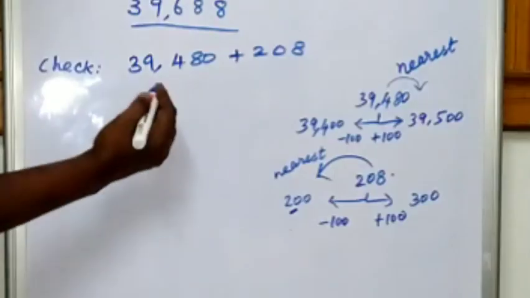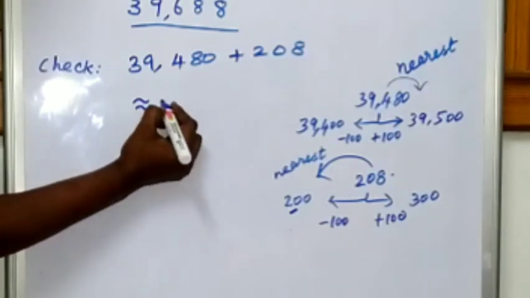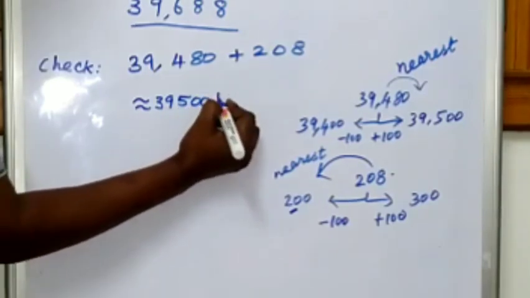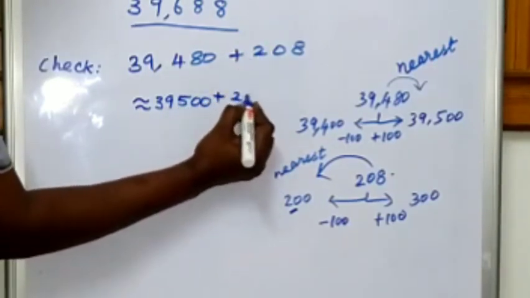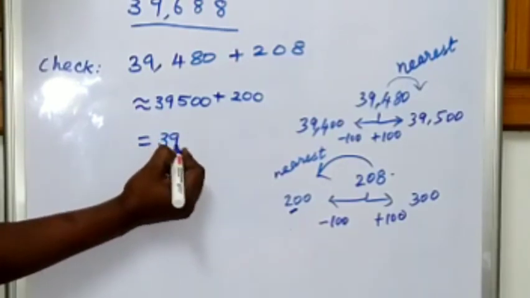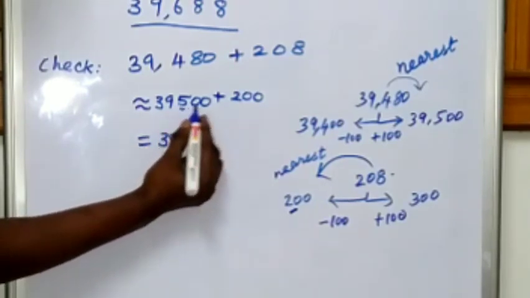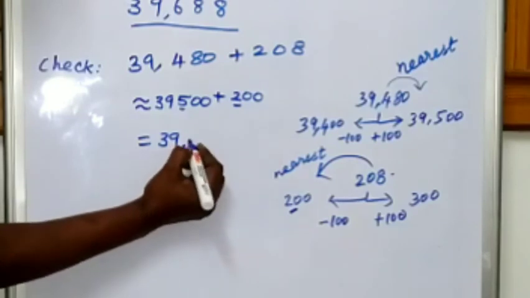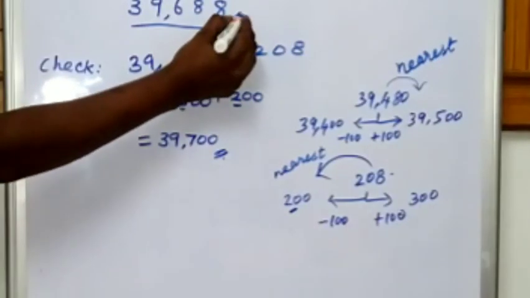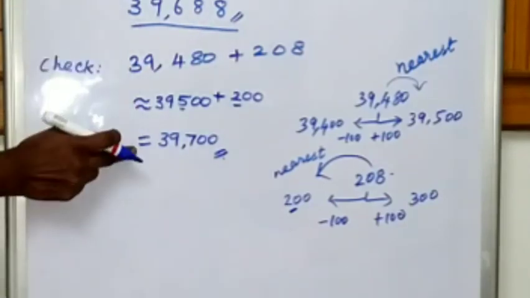Right? You have to use the approximate symbol while writing the round off value nearest to 100. Instead of equal to, you have to write the approximate symbol, then write the round off values 39,500 plus 200. In the next step, you have to put equal to because we are going to add the nearest values. 39,700 if you add both the values.